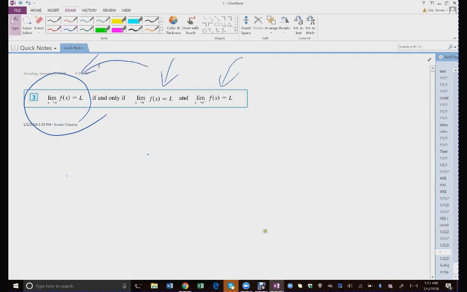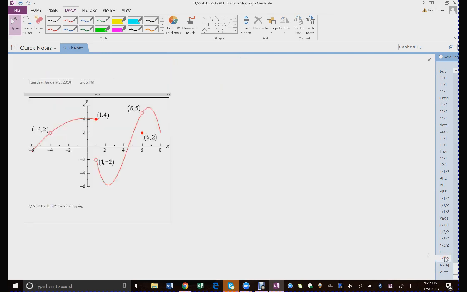So again, notice the limit as x approaches 1 of f of x is, in this case, it does not exist.